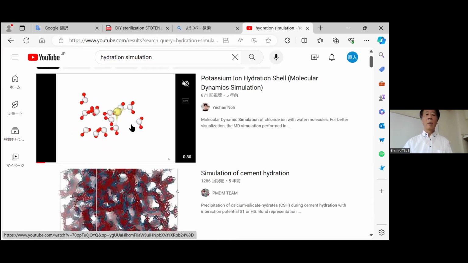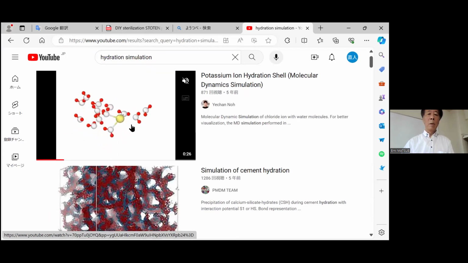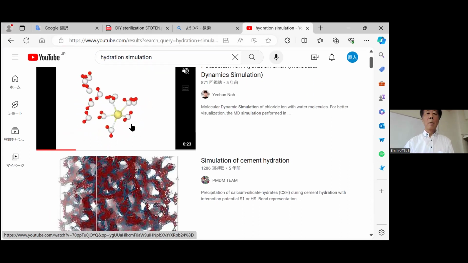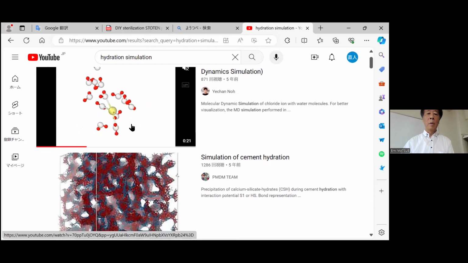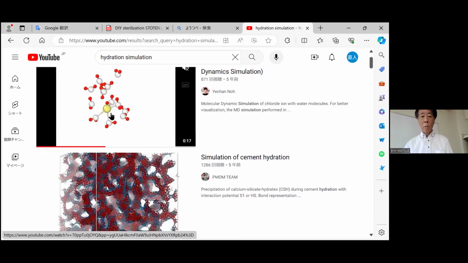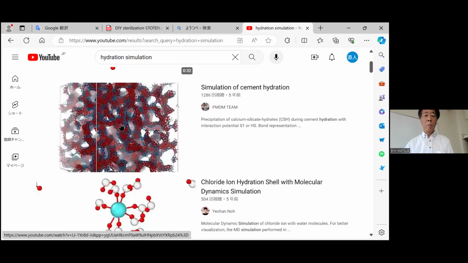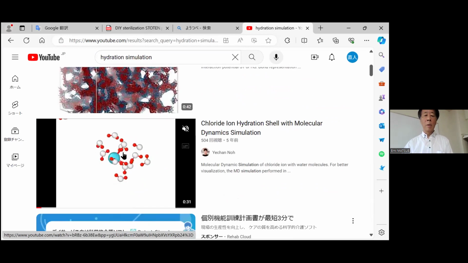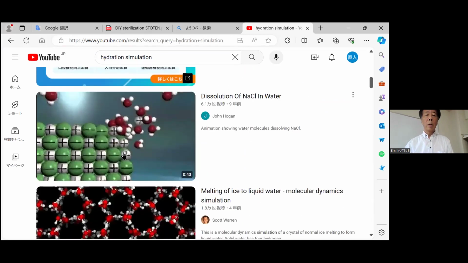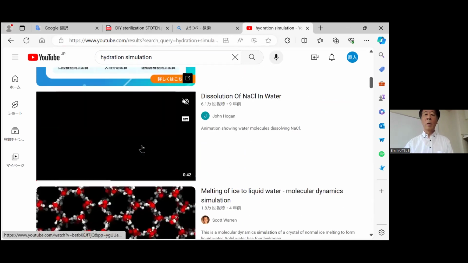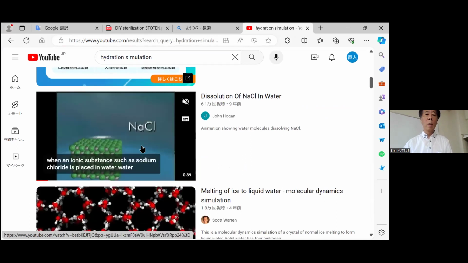You can find simulated hydration. This is potassium. This is chloride. You can find many simulations related to hydration.